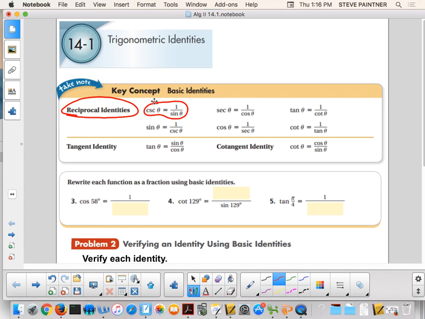Up above this, would you make a quick triangle in the first quadrant like this? We've been doing this forever, so do it again. Let's do 30 degrees. If that's 30, what's the leg opposite 30?